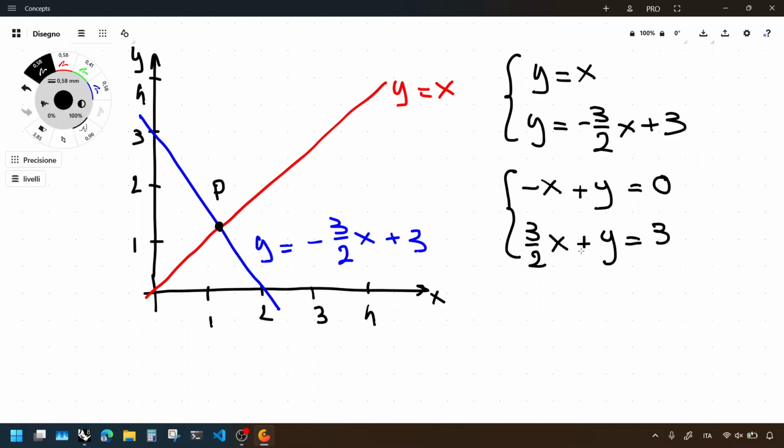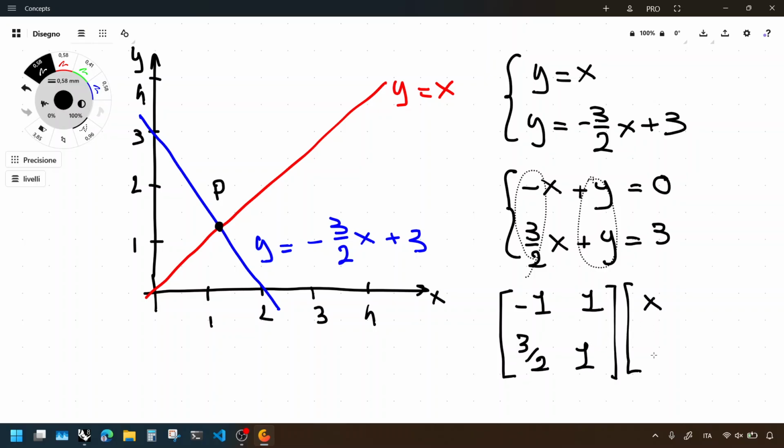You can notice here that we have a column of x's and a column of y's, and we have coefficients in front of each of the variables. So we can rewrite this system with the coefficients, minus 1, because this is minus x, then 1, this is just 1y, then 3 over 2 and 1 again, multiplied by x and y, and equals 0, 3.